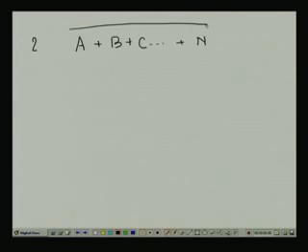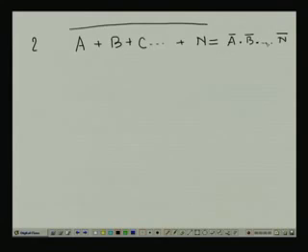Then De Morgan's law tells that if we take each variable inverted, a bar, b bar and then up to n bar, and we take, instead of plus operator, a dot operator, then it will be the result. So, the first rule tells the reversing.